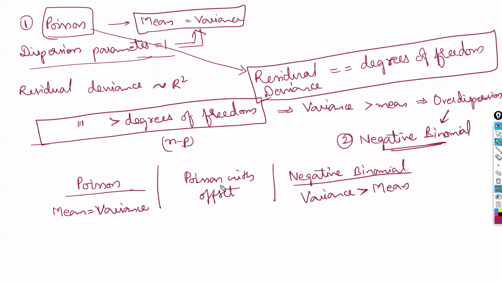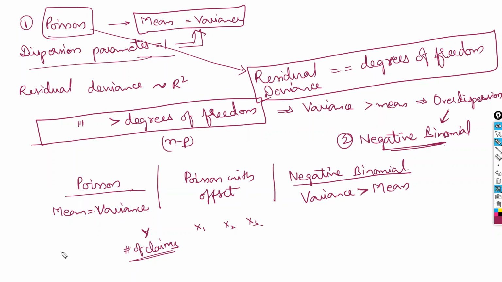So, okay, let me give you a few examples here. If you have an output variable and you want to look at the number of insurance claims, maybe you included a lot of input variables, age, gender, and so on and so forth.